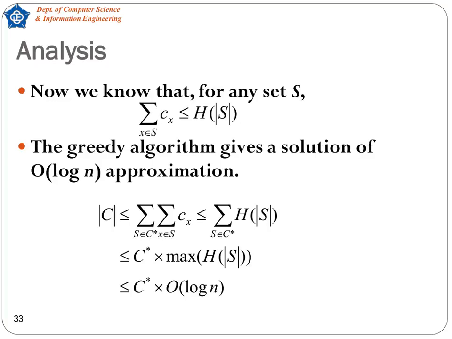Now that we've bounded the cost of any set by its corresponding harmonic number, let's dive into our approximation analysis. First, recall that for any set S, the total element cost, the sum over x in S of c_x, is at most H of |S|.